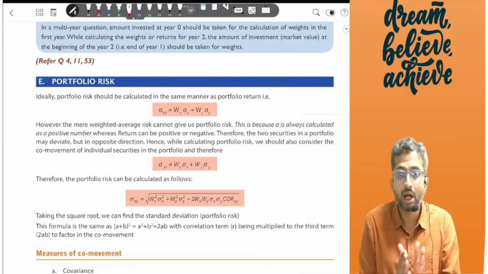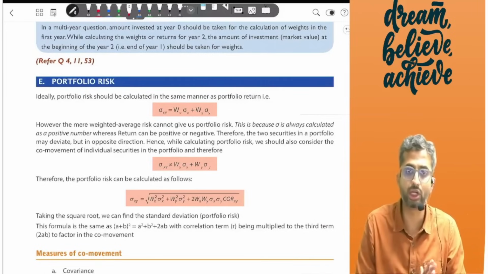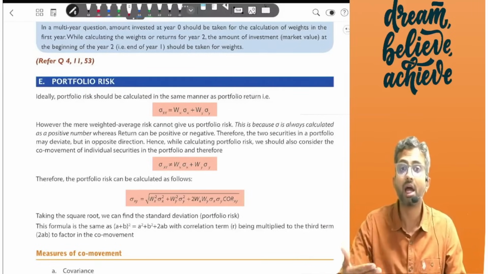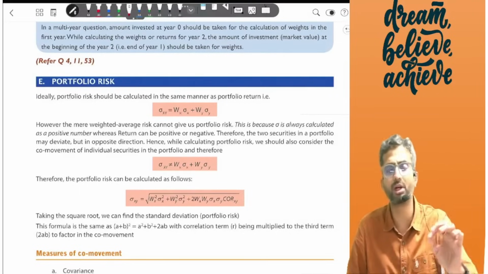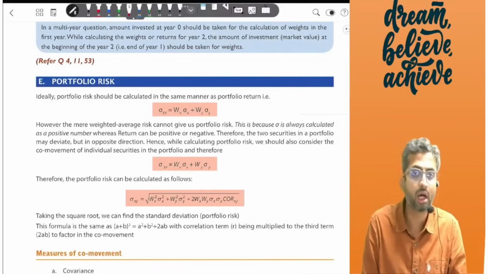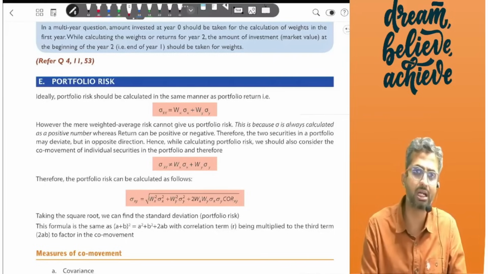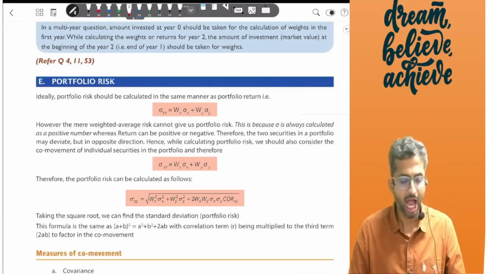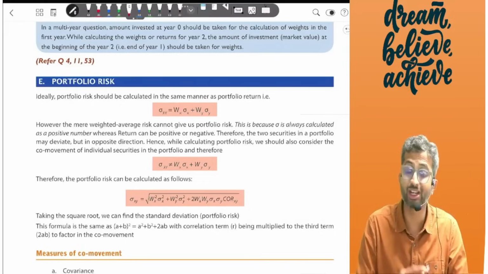As a result, there is going to be a deviation in response to a particular event, that is a change in steel prices, but that deviation might result in a positive movement for Tata Steel and a negative movement for Maruti. But when you look at standard deviation as a number, it is always going to be positive. As a result, that co-movement is not correctly captured by standard deviation.